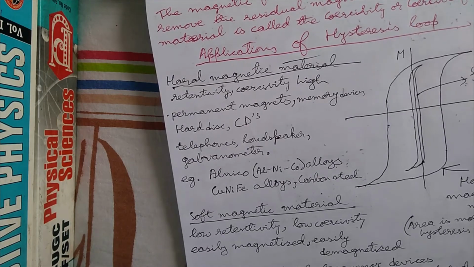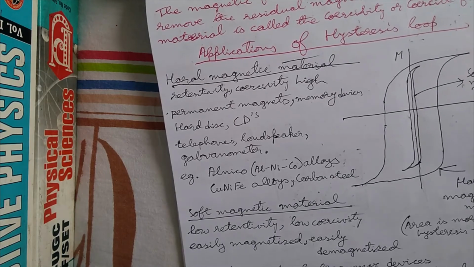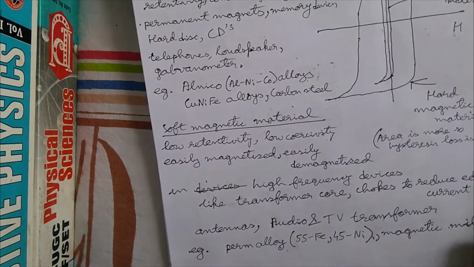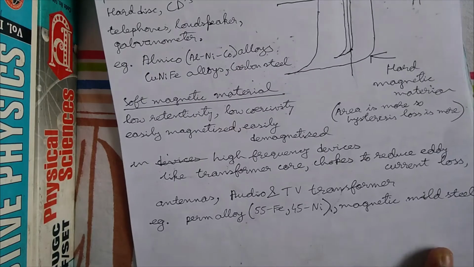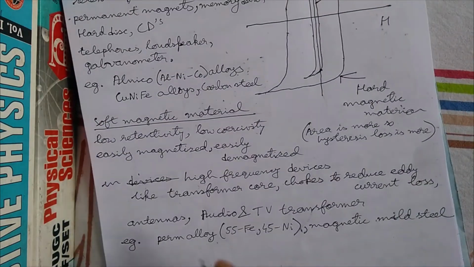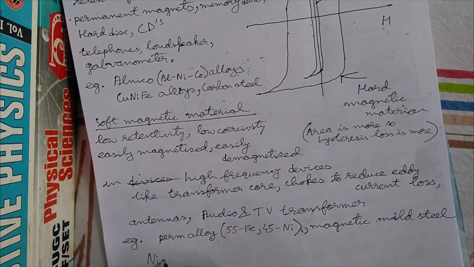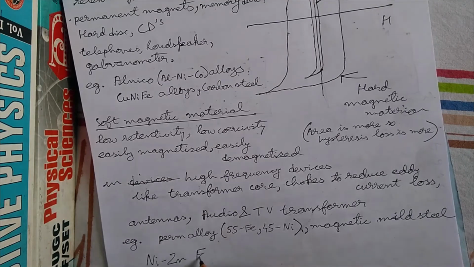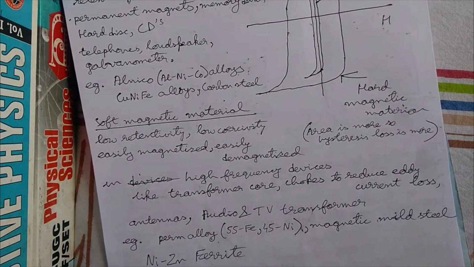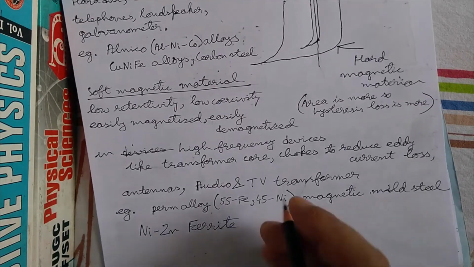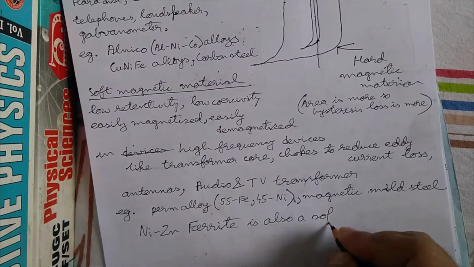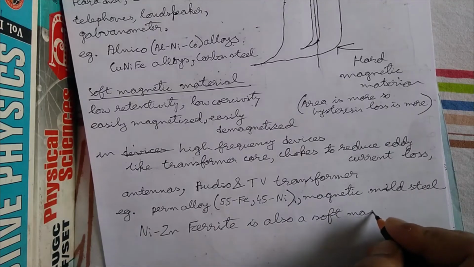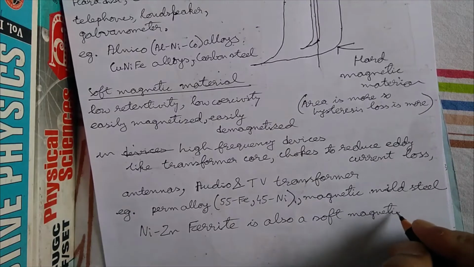Nickel zinc ferrite is also one; I didn't show it here, but now you can see. I'll come to ferrite just after this. Nickel zinc ferrite is also a soft magnetic material.